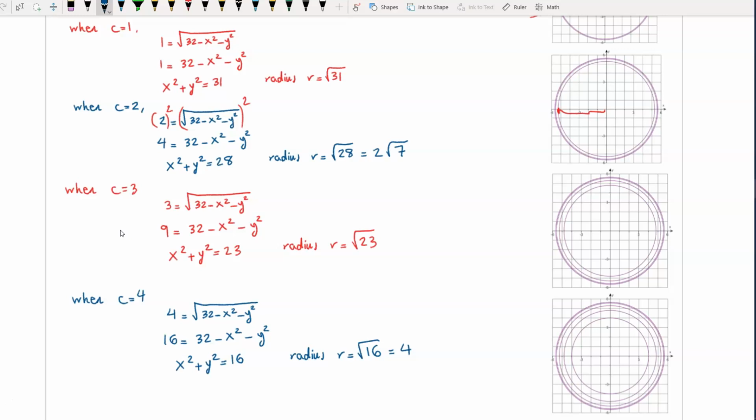So here we have all these circles in the same set of coordinate axes. So our graphic is now the contour map for c equal to 0, 1, 2, 3, and 4.